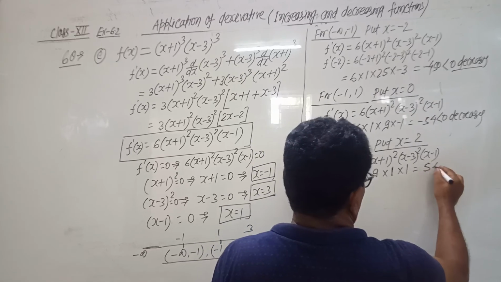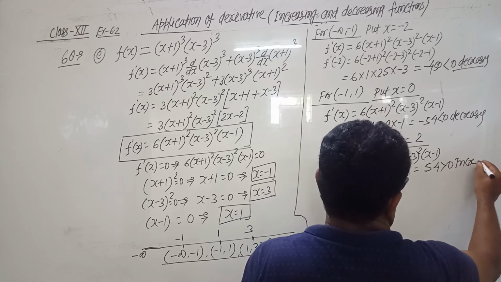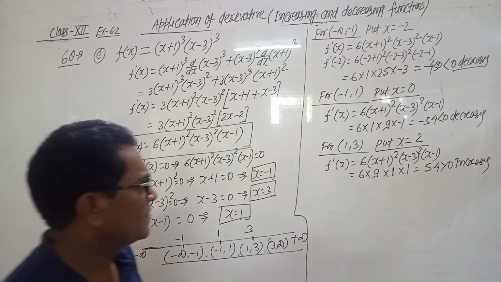This is 54, which is greater than 0. So in this interval, the function is increasing.